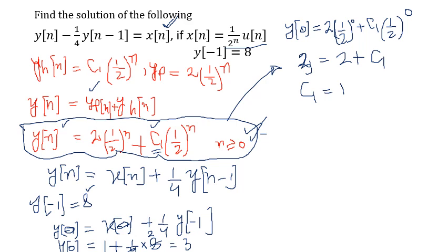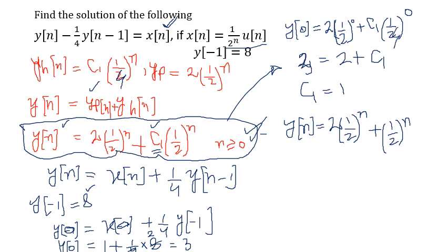So the complete solution is, okay, the homogeneous solution is also mistakenly written. Actually the homogeneous solution is 1 by 4 here, right? So this is not 1 by 2, this is basically 1 by 4, when n is equal to or greater than 0. Or you can also write the step function with it.